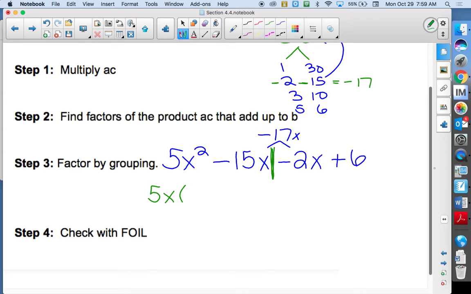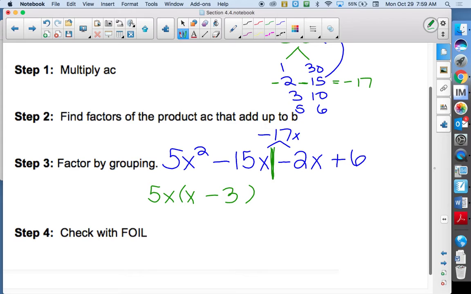If you take the GCF out, what's left in the parentheses just for those 2 sets of numbers? How about just x minus 3? There you go. Alright, so we're going to do the exact same thing with the back part. So we're looking at negative 2x plus 6. What's the GCF of negative 2x plus 6?